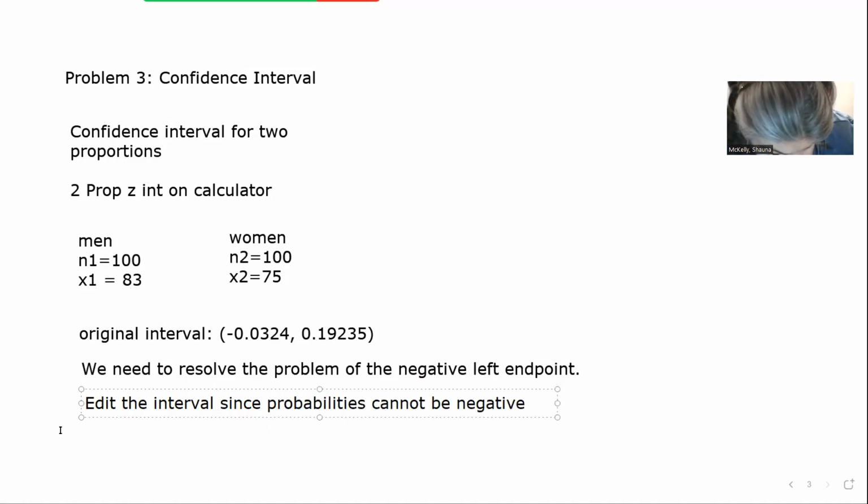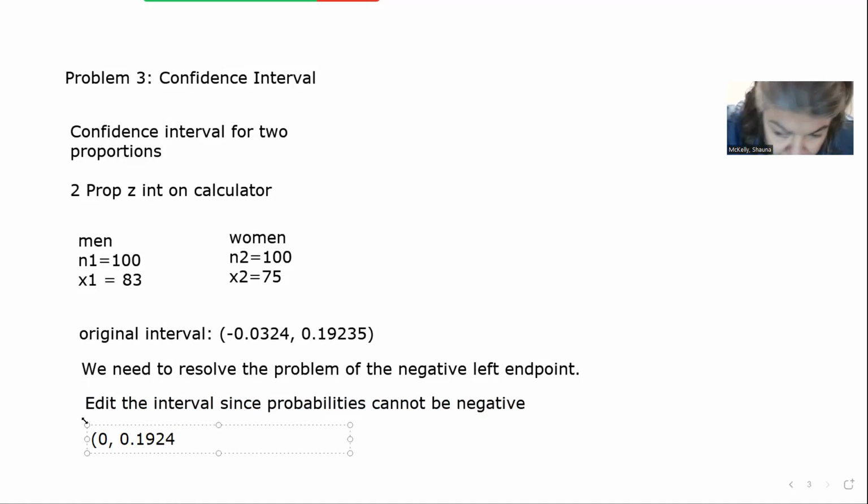So you're going to say that your interval is from 0 to 0.1924. Okay.